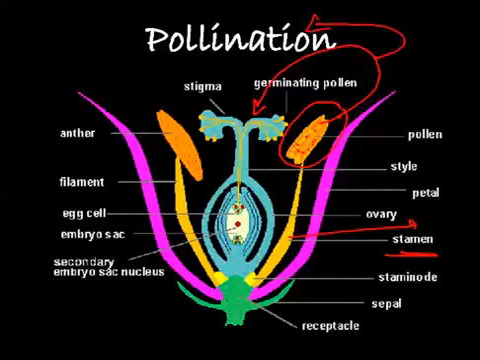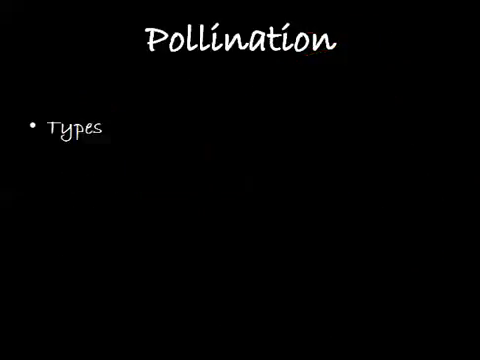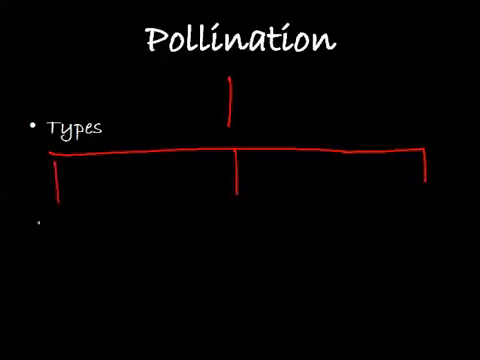Now we'll see different types of pollination. In terms of pollination, we can divide pollination into three types. First is autogamy, which is also called self-pollination.